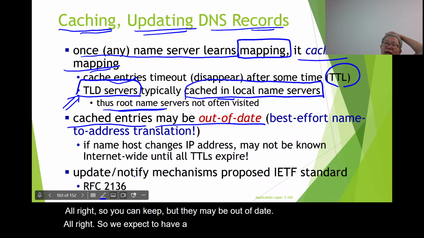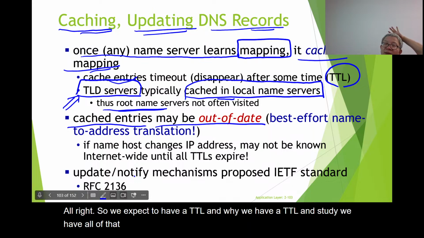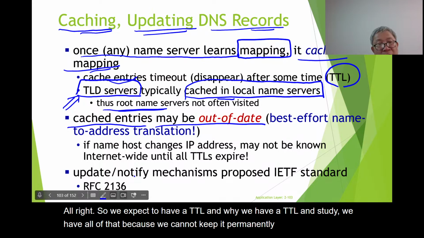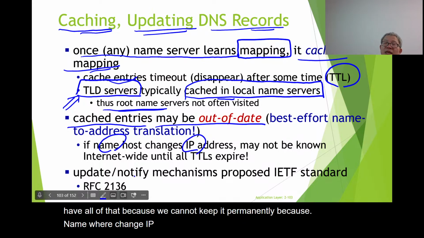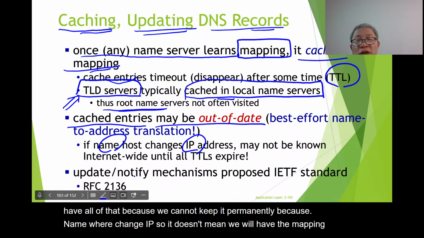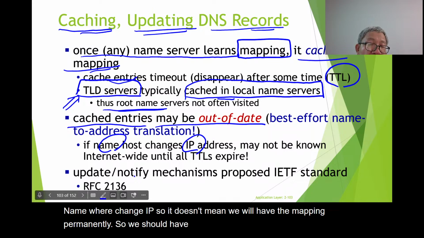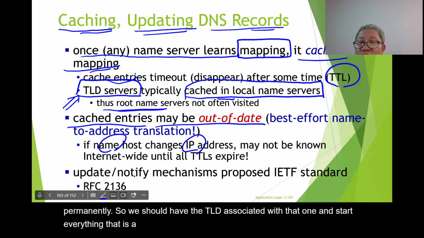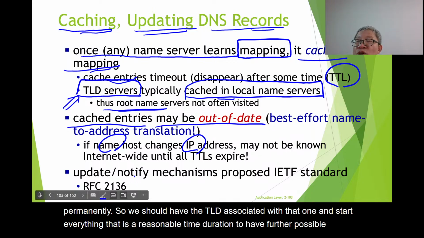Why do we have a TTL? Because we cannot keep it permanently, because a name may change its IP, so it doesn't mean we will have the mapping permanently. So we should have the TTL associated with that entry, which we think is a reasonable time duration for the mapping.